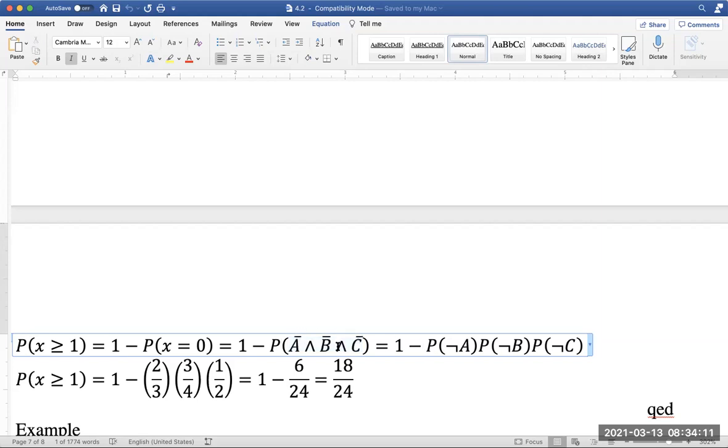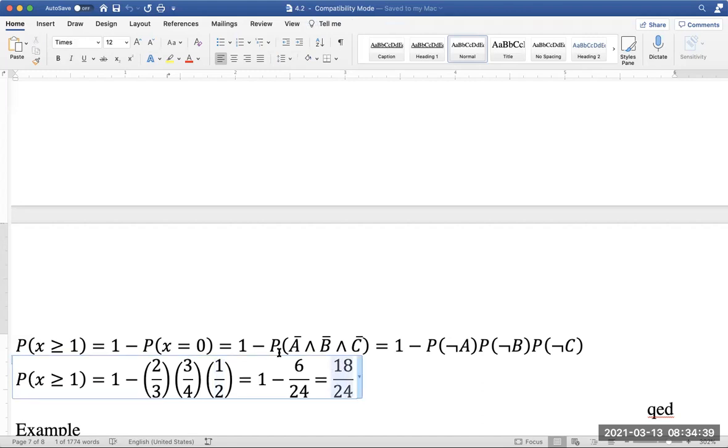Since there's a 1 out of 3 chance that A solves it, there's a 2 out of 3 chance that they do not. Since B has a 1 out of 4 chance of solving, it has a 3 out of 4 chance of not solving it. Since C has a 1 out of 2 chance of solving it, it has a 1 out of 2 chance of not solving it. So 6 over 24. Subtract that from 1, 18 over 24, and you're done.